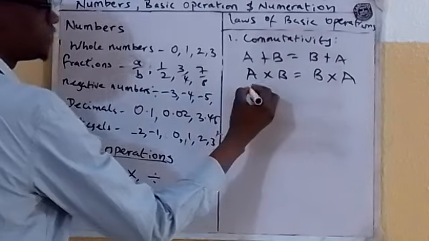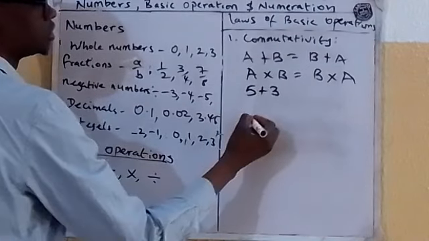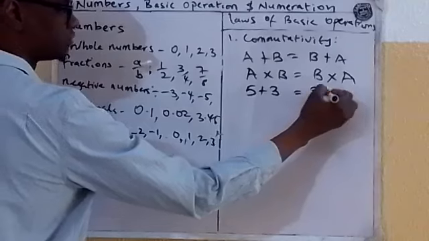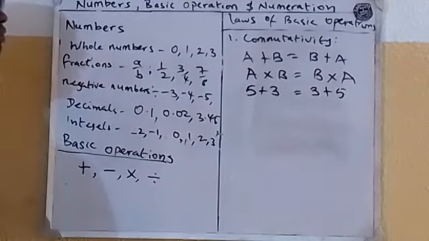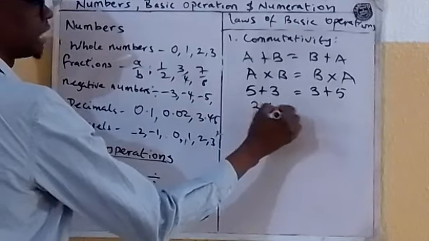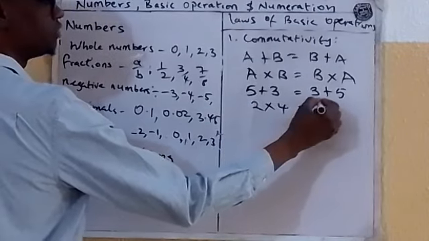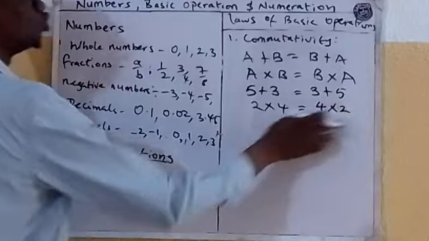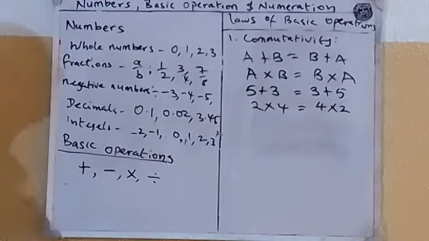For example, 5 plus 3 is the same thing as 3 plus 5, and 2 times 4 is the same thing as 4 times 2. So this is commutativity. Addition is commutative.